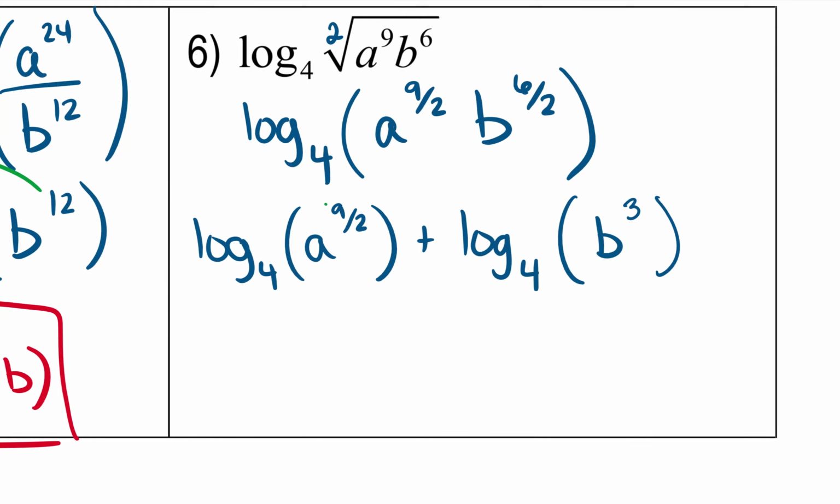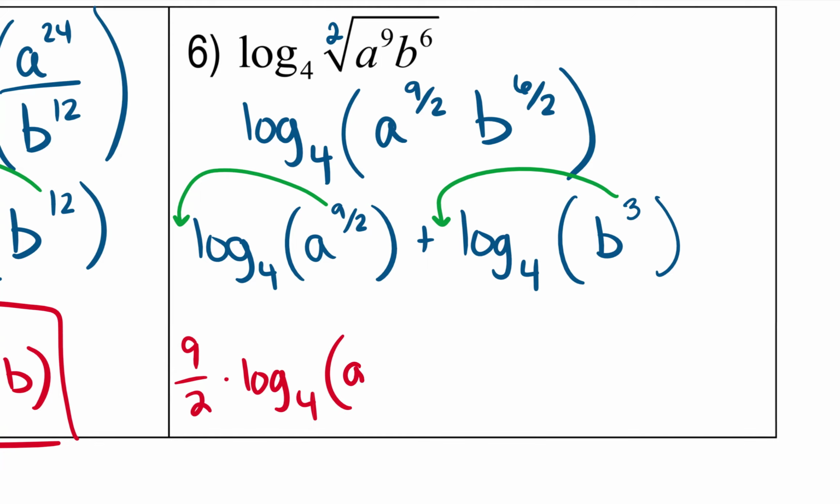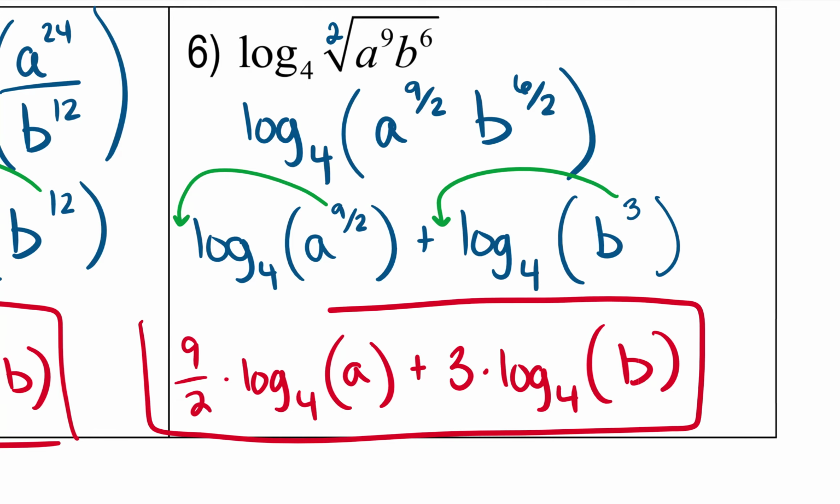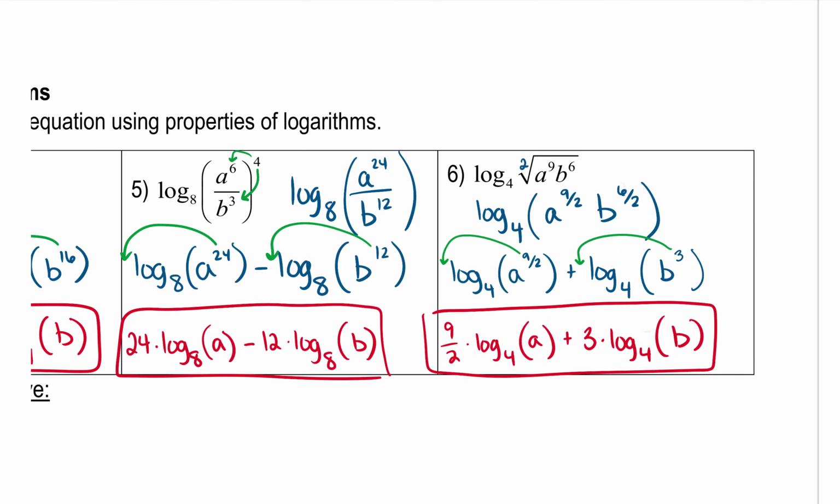And then, of course, last thing, exponents go in the front. So my answer is 9 over 2 times log 4 of a plus 3 times log 4 of b. And that is my final answer.